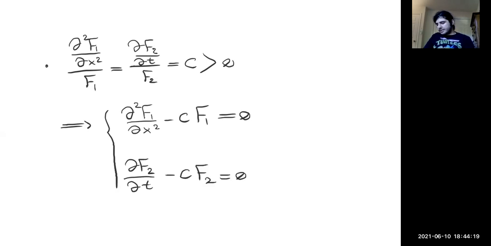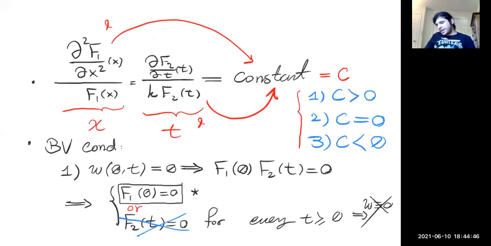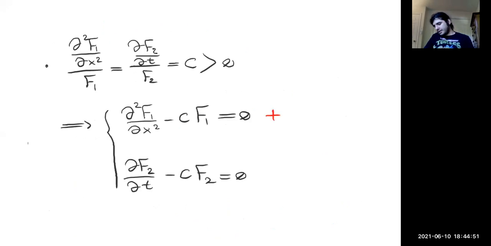We also had some boundary value conditions. What was the boundary value condition for the first equation? Let's see. Here. f1 of 0 should be 0. That's the boundary value condition here.